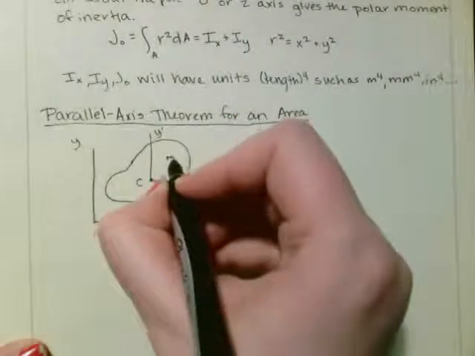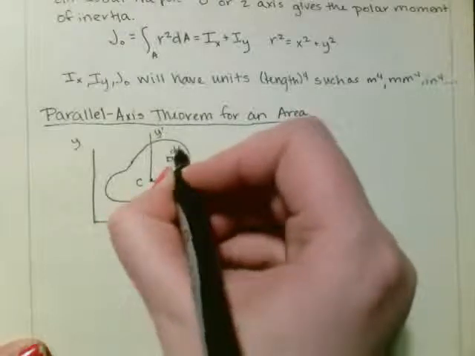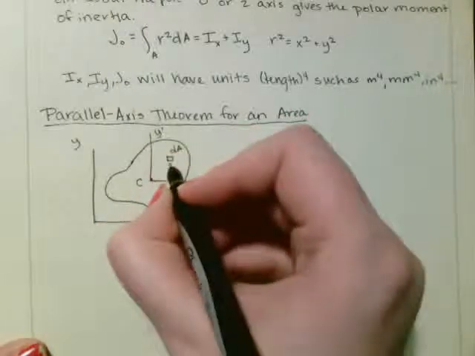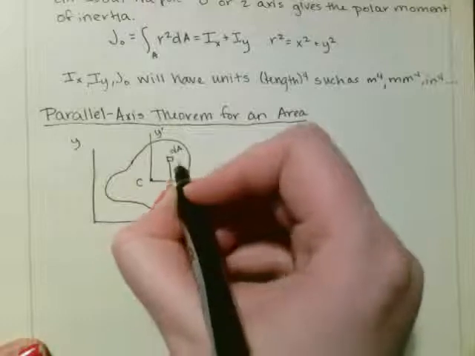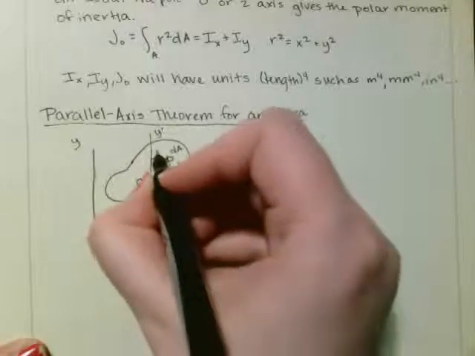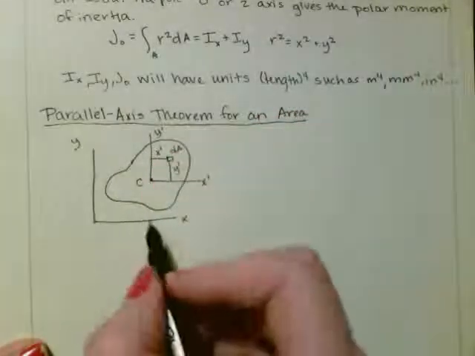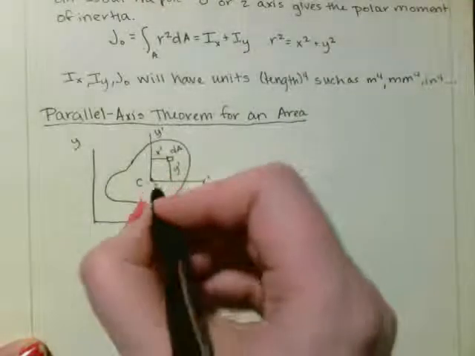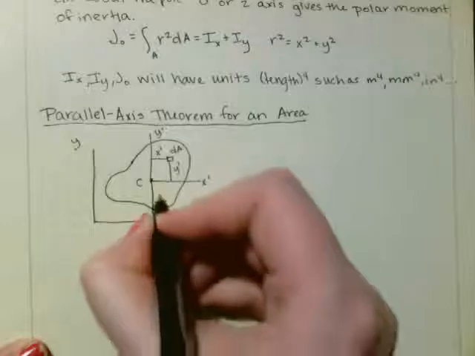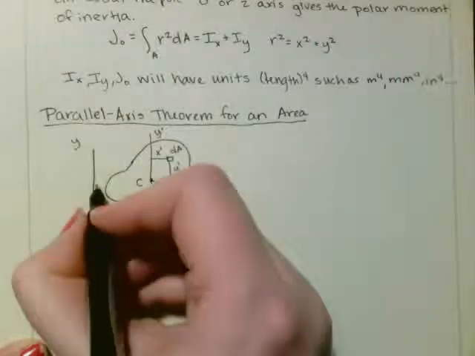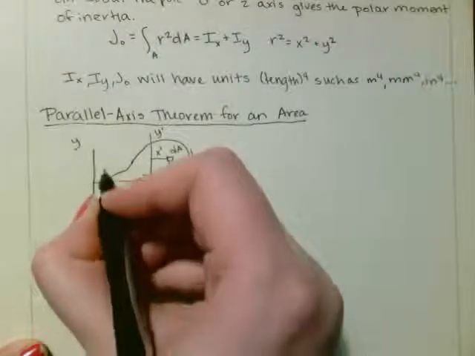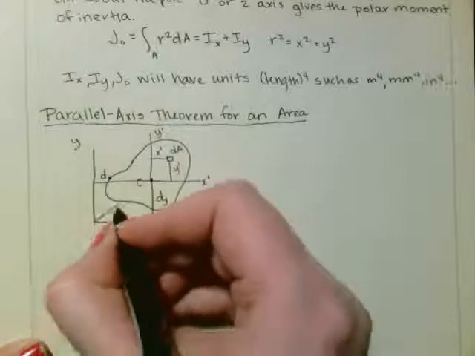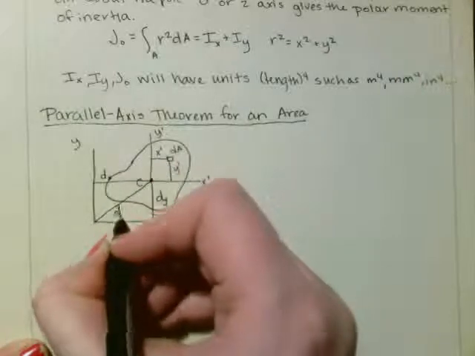And if we were looking at a differential area, that would be located at y prime and x prime. And this distance from the x-axis to the centroid is going to be called dy, this one dx, such that the total is d.